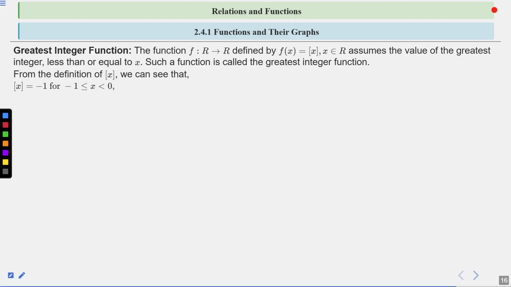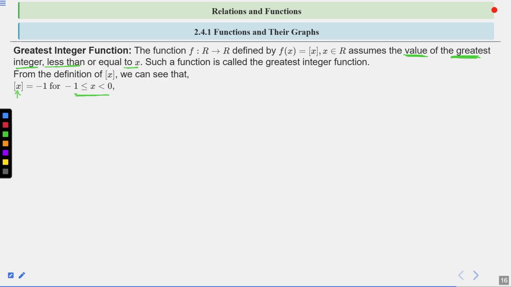So for example, if you give input in between this specific interval, say -0.5, so according to the definition, its output will be a value which is greatest integer. So by definition your output must be integer. Clear? So greatest integer less than or equal to x.